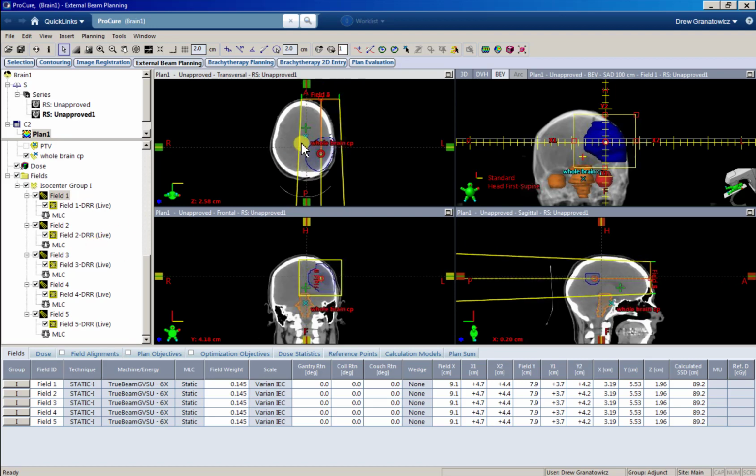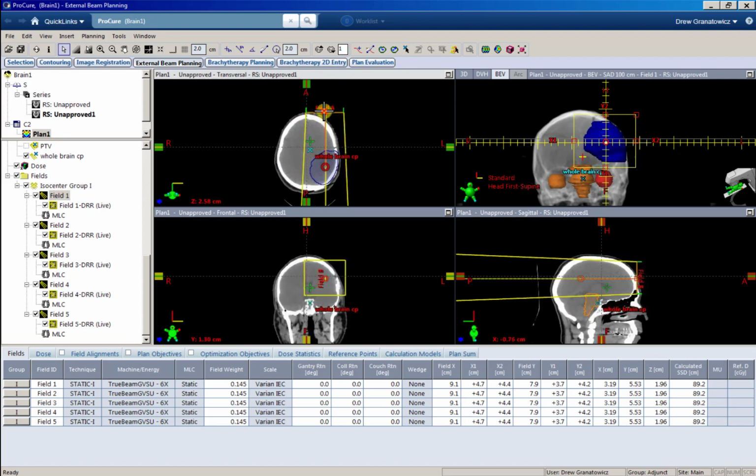A lot of people calculate out their gantry angles to get a perfectly even spacing. I'm more of a drag and drop kind of guy. When I have something this far to the side, I still want to get a little bit of dose coming at least a little from the contralateral side.